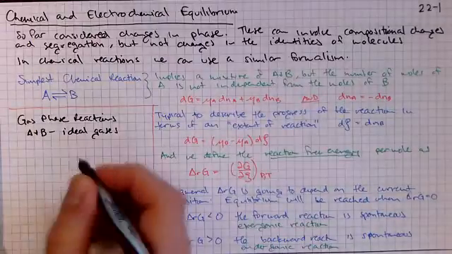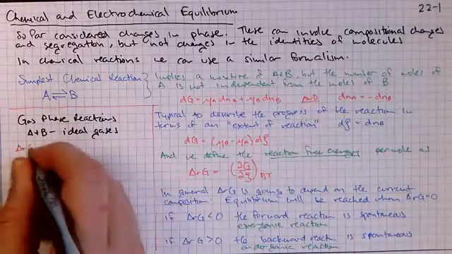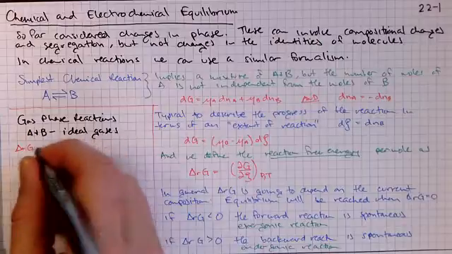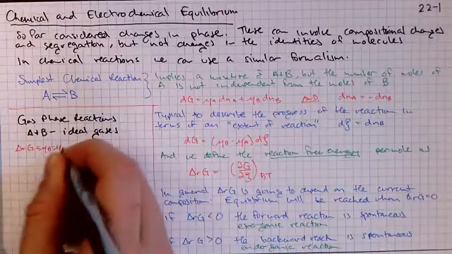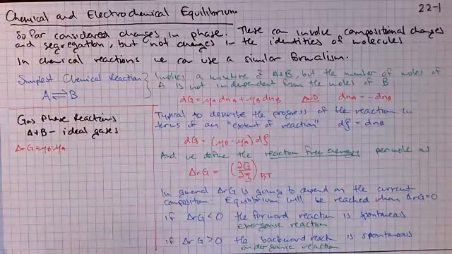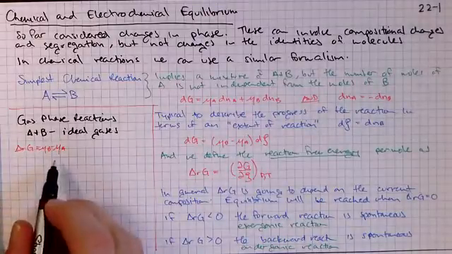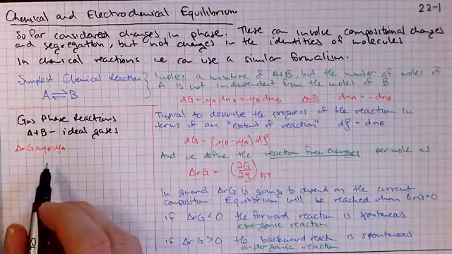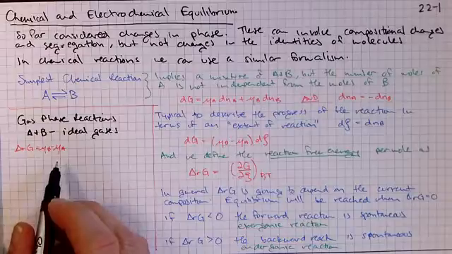In that case, we'd have delta Rg, like we said, mu B minus mu A, right? And so we could write these down in terms of the relations we know between the chemical potentials and the partial pressures.